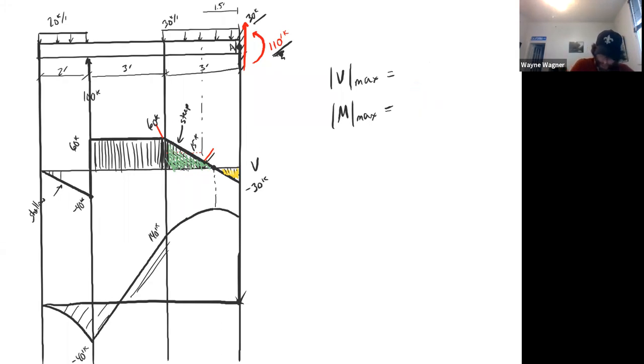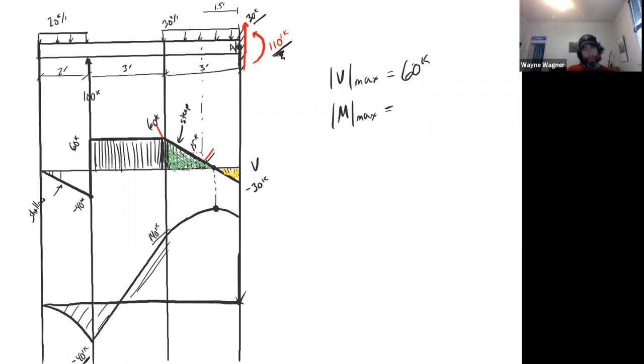Well, shear max, we can just look at this diagram over here, and it's 60 kips. But our moment max, we know where it's happening. It's happening right here because that's where it stops going up. And we know that this number is going to be bigger than the 140 and bigger than the 40.